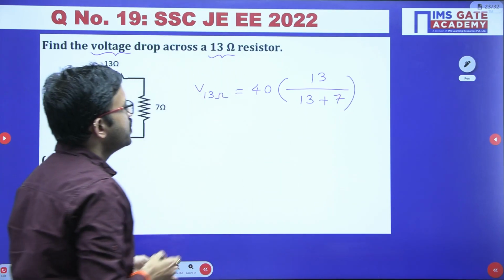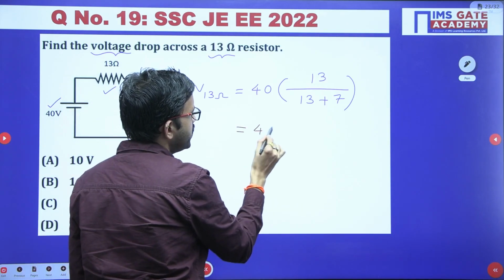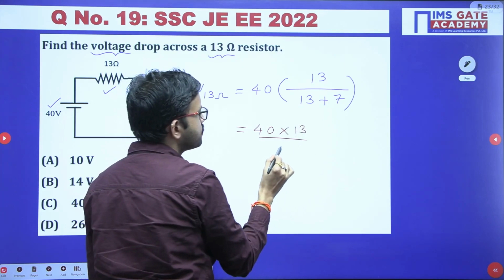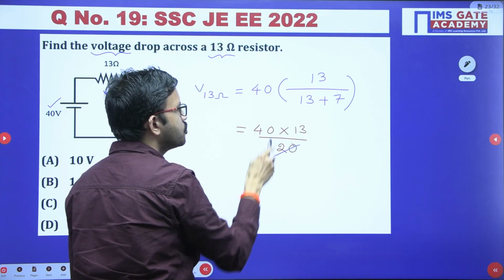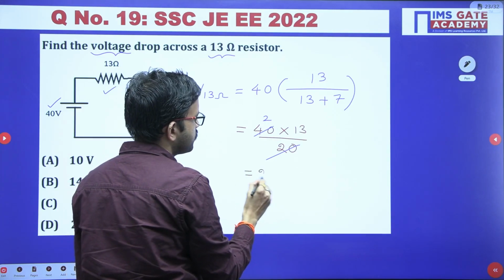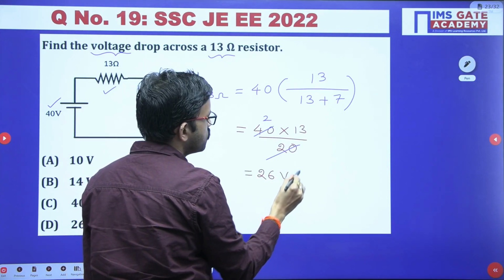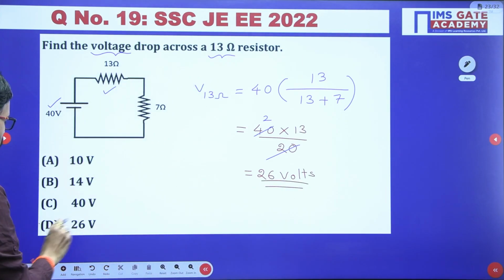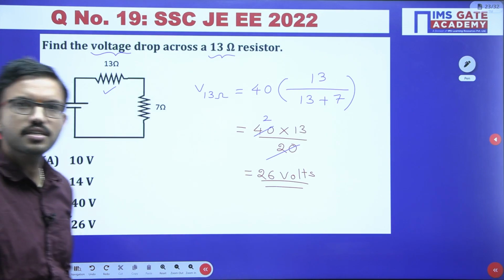So 40 into 13 divided by 13 plus 7 is 20. Here 20 2 times and 2 into 13, that is 26. Units are volts. 26 volts, that is option D. Option D is the correct one.